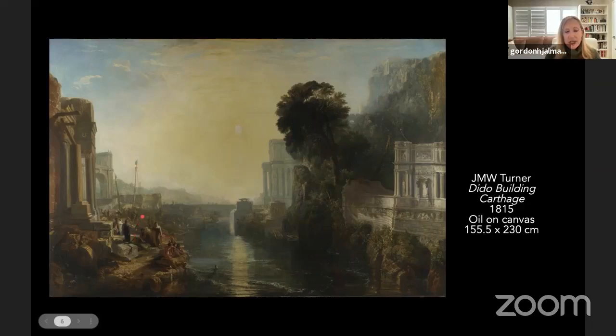And what is happening is it's really showing how Carthage is in a very vulnerable spot, because at the bottom of the left-hand side, we see children playing with little boats, and they're very fragile. And it indicates that her civilization is also very fragile.